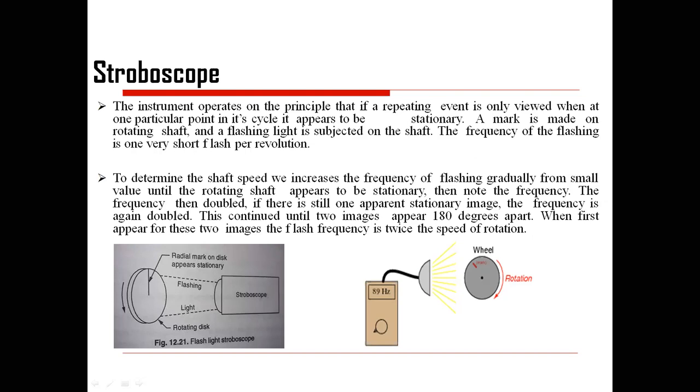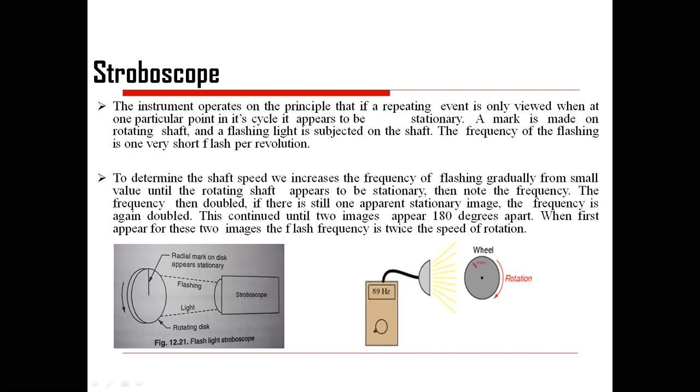So that frequency is calibrated in terms of the speed of rotation. Okay, so here a mark is made on a rotating shaft and a flashing light is directed on the shaft. The frequency of the flashing is one very short flash per revolution. To determine the shaft speed, we increase the flash frequency gradually from a small value until the rotating shaft appears to be stationary.